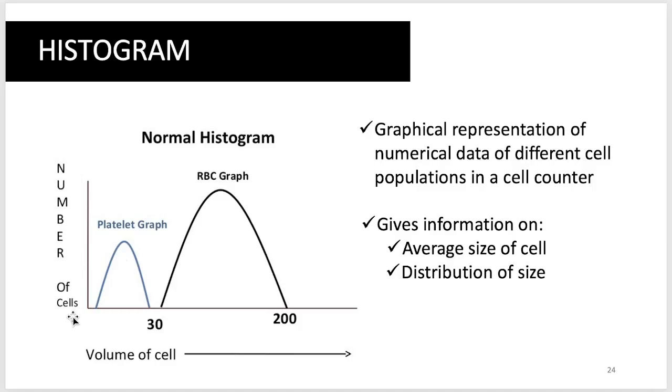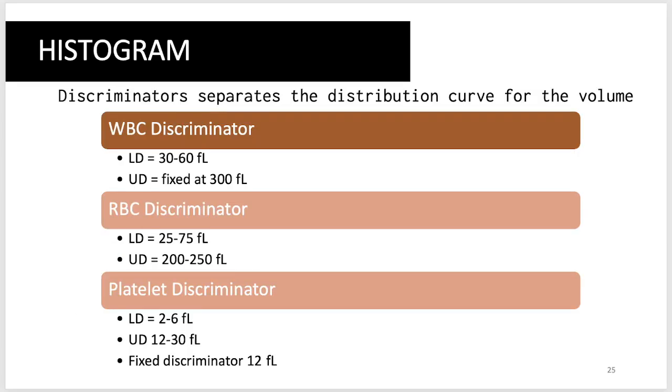Now we have your discriminator. So yung discriminator natin, magsaseparate sa ating distribution curve for the volume. For us to differentiate whether that is WBC, RBC, or your platelet. So again, what is the purpose of your discriminator? Will tell us or will separate the distribution curve for that particular volume.